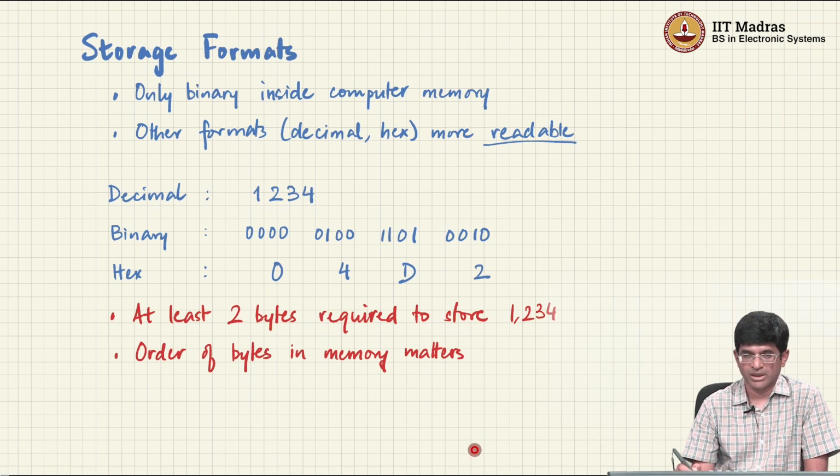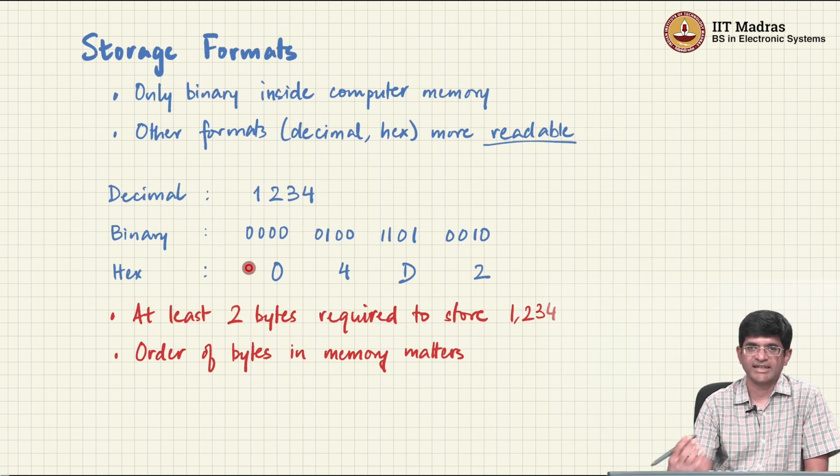Now the interesting thing is conversion between the binary and the hexadecimal is actually very easy. All I do is I basically take it in groups of 4 at a time and convert it to the corresponding hex digit. Why is that?